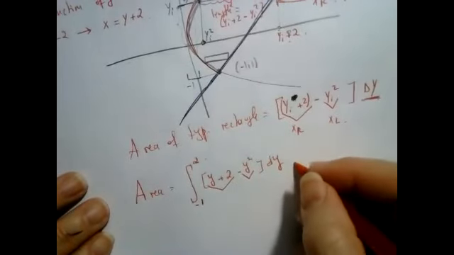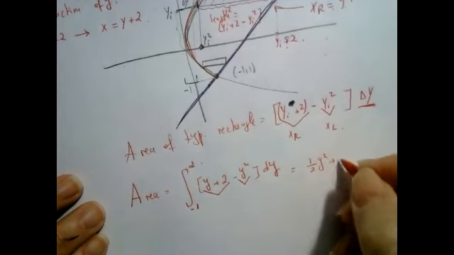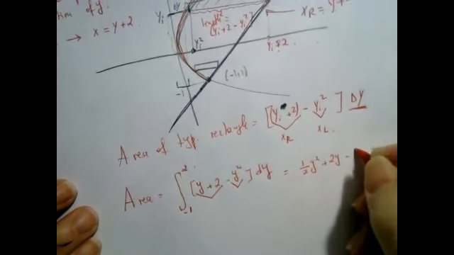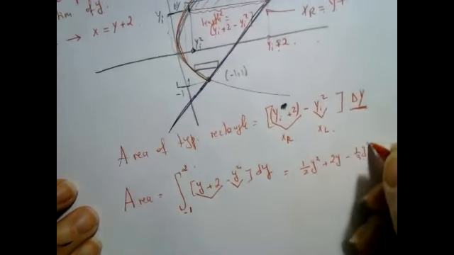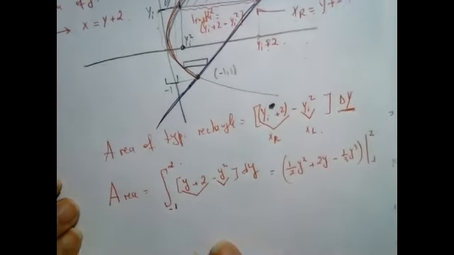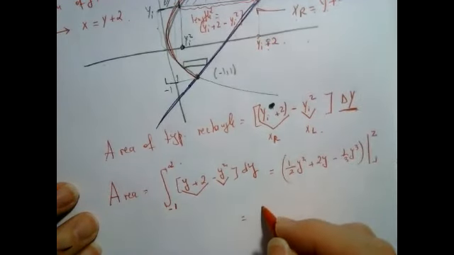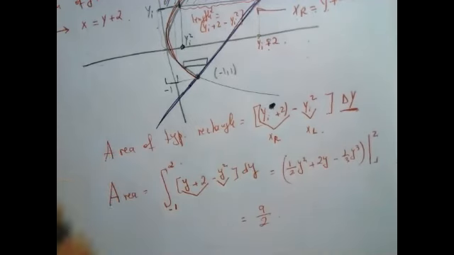And now I can evaluate this. That's an easy integral. It gives me a half y squared plus 2y minus a third y cubed, the whole thing evaluated between -1 and 2. And the rest is easy, and you should get 9/2 if I didn't make any mistake. End of the problem.